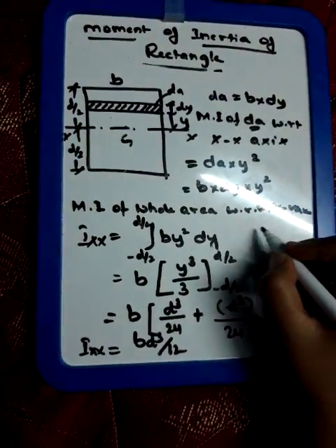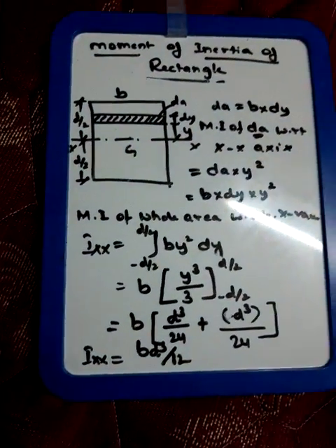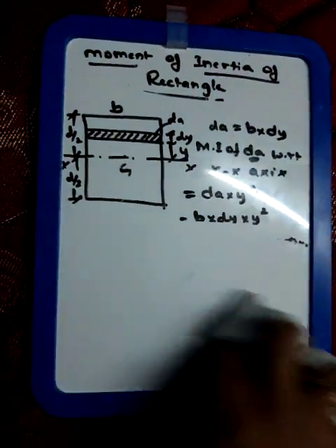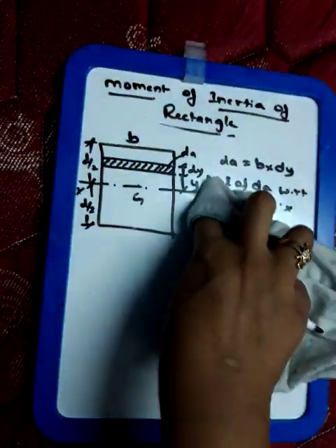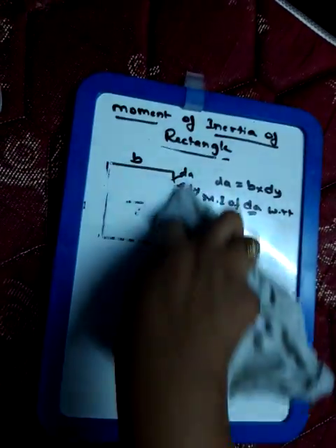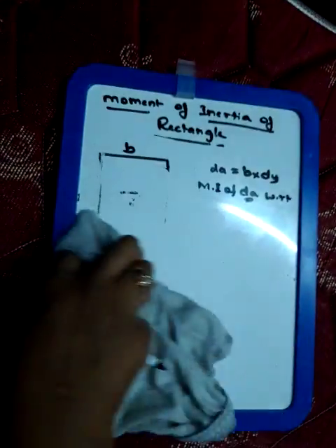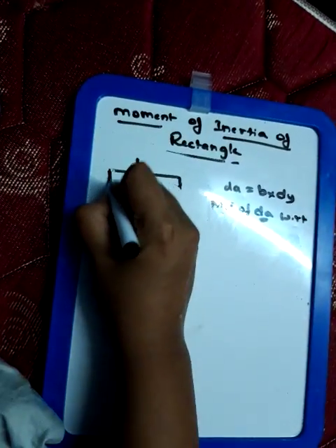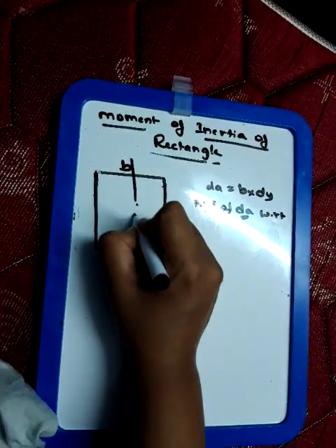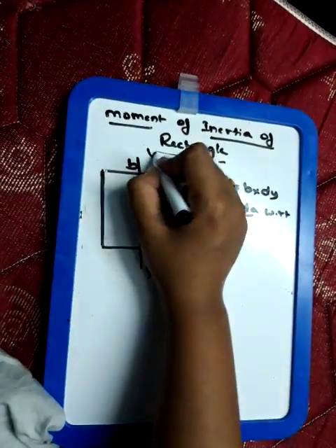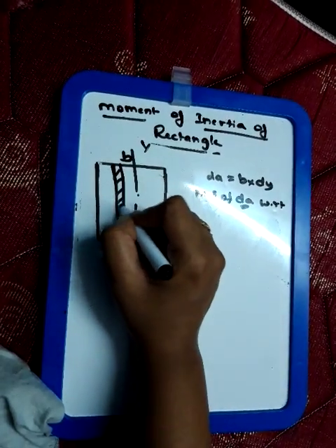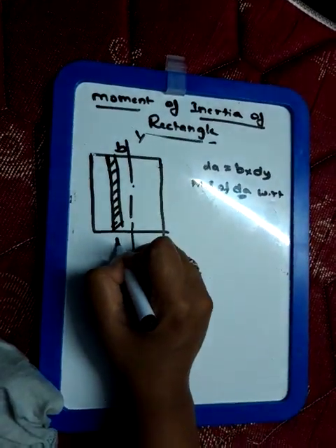Similarly, you can derive Iy also. I'll show you how to calculate Iy. Instead of taking the area like this, you consider an elemental area which is parallel to the y axis. So this will be your elemental area.